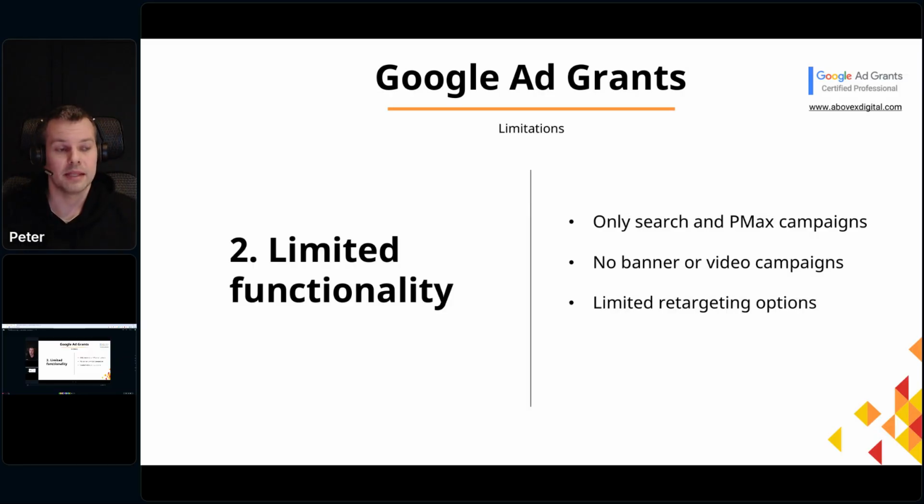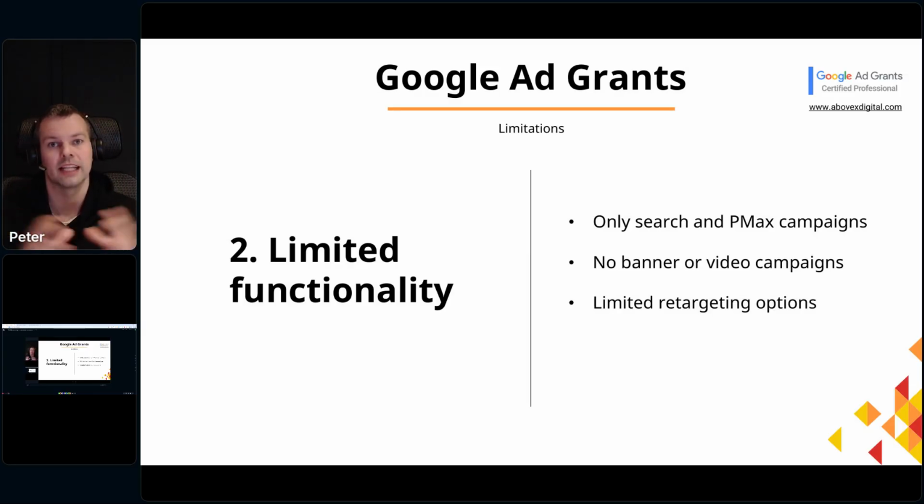Now, the second limitation is limited functionality. What I mean by that, as I've already mentioned at the beginning, is that in Google Ad Grants accounts you can only use search and PMax campaigns. You cannot use any visual, interactive formats like banner campaigns, YouTube campaigns, or Google Shopping campaigns.